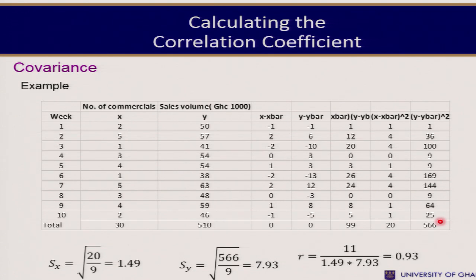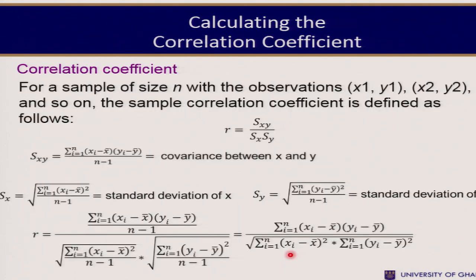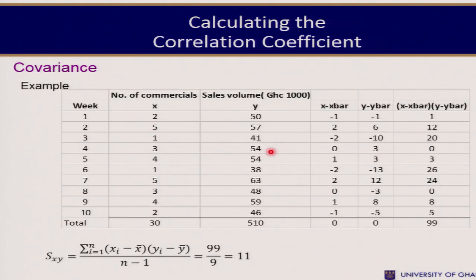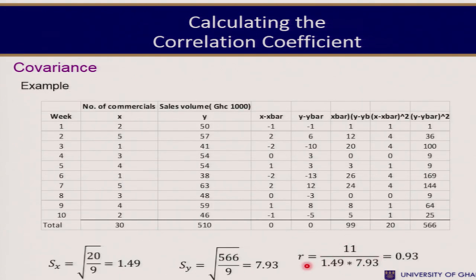So you see that the summation of x minus x bar all squared gives us 20, giving us 20 over 9, taking the square root, you have 1.49, and then that of y minus y bar all squared also gives us 566 over n minus 1, which gives us 7.93. So from this formula, Sxy over Sx times Sy, it means that we are going to have 11 over 1.49 times 7.93, which gives us a correlation coefficient of 0.93.